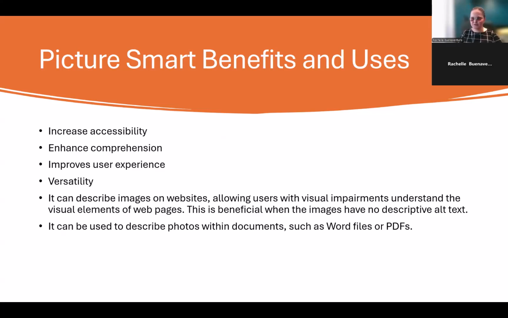So the benefits of Picture Smart AI for the person with visual impairment. It really increases accessibility. Picture Smart makes visual content accessible to blind users and low vision users, which allows them to understand images.